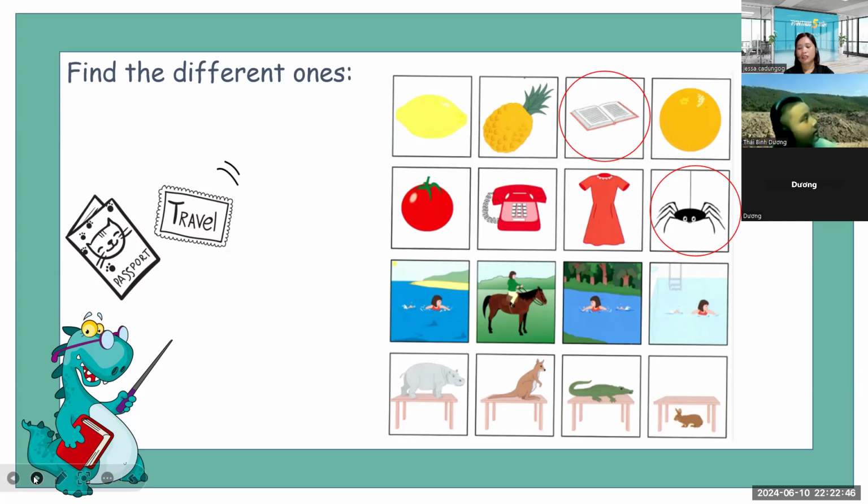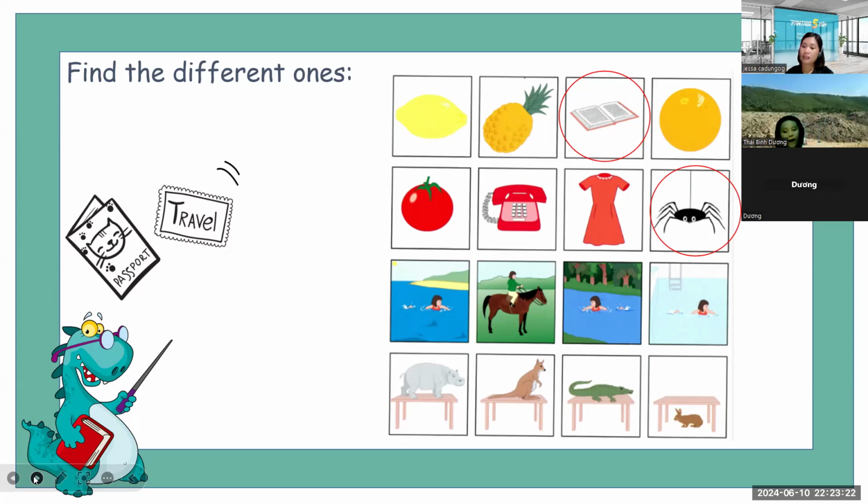Things and animals. And look at their color. Do they have the same color? No. What makes it different? Because the tomato, the phone, and the dress are red, and the spider is black.